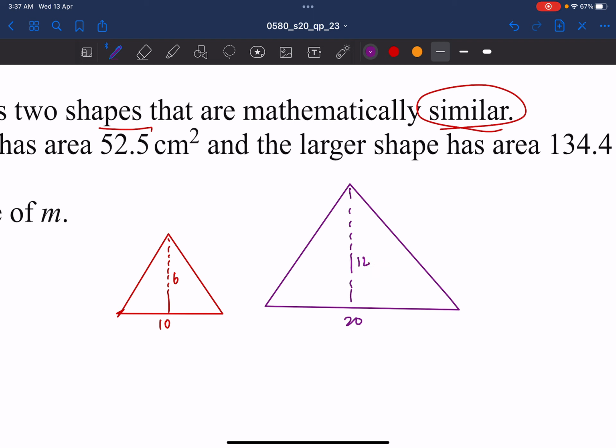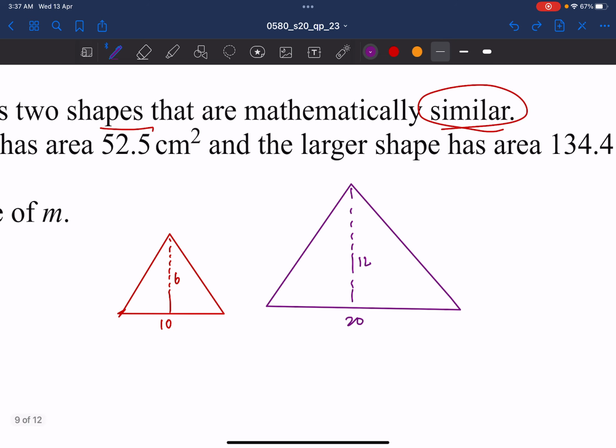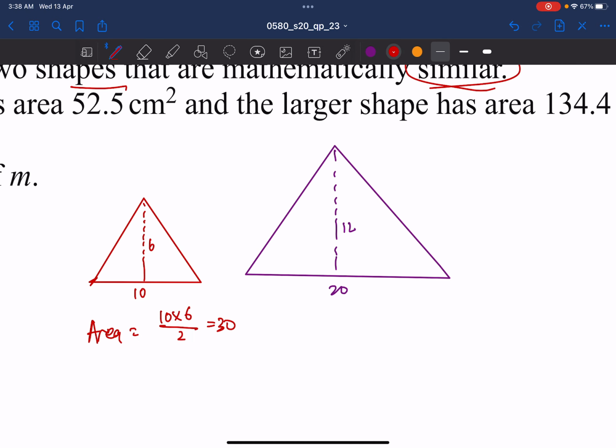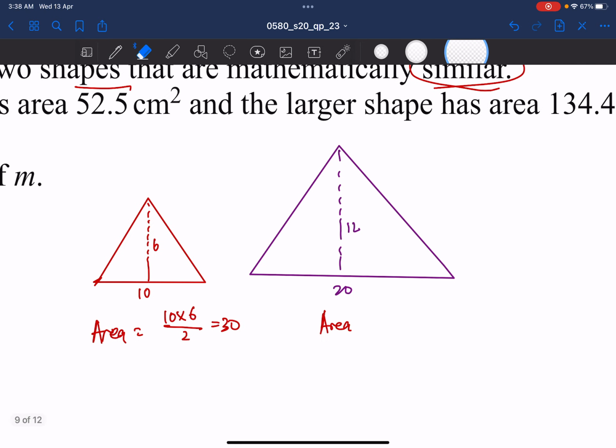The area of the smaller triangle is 10 times 6 divided by 2, which is 30. The area of the larger triangle is 20 times 12 divided by 2, so it's 120.